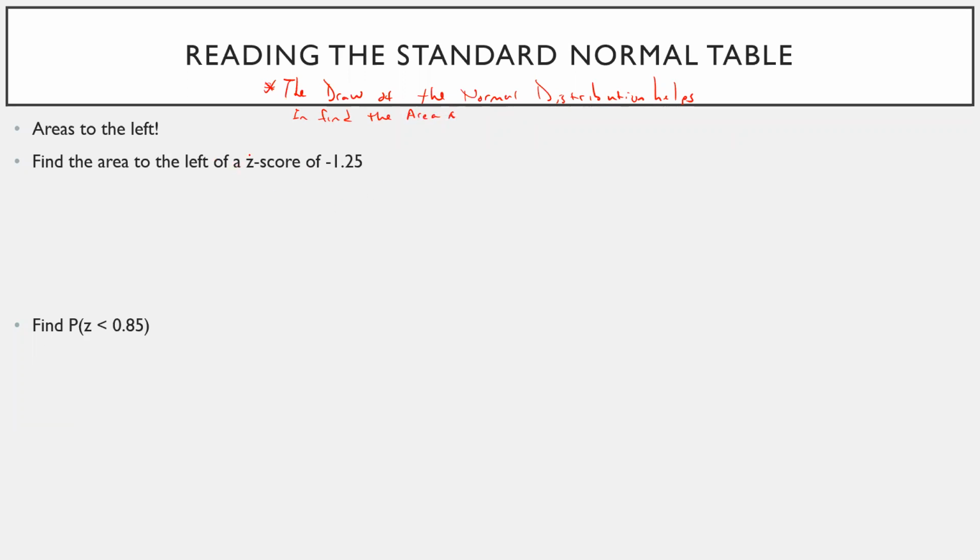Whenever I reference a z-score value, you're always going to draw the standard normal. So I want to find the area to the left of a z-score of negative 1.25, so I'm going to draw this normal curve.